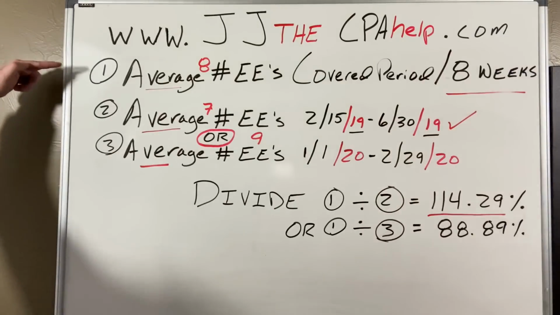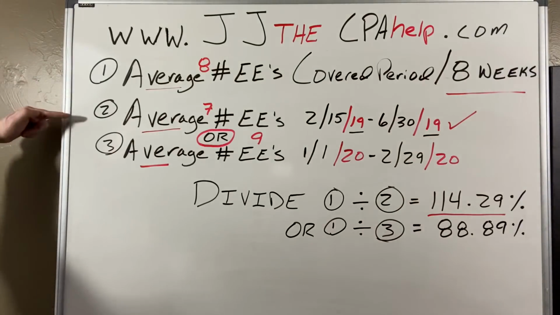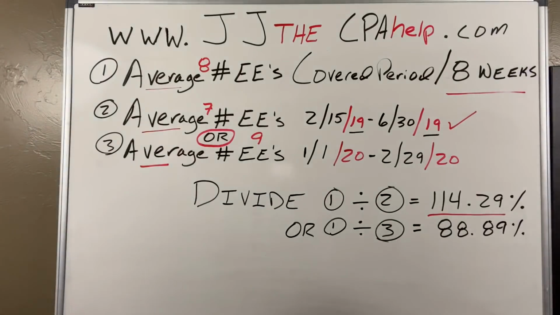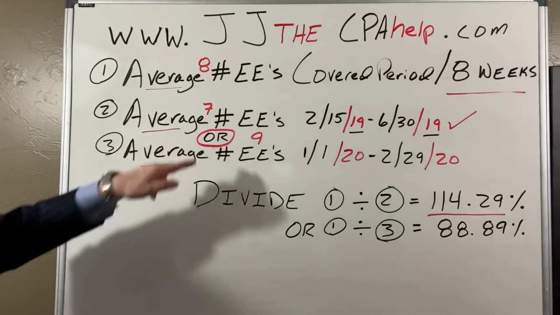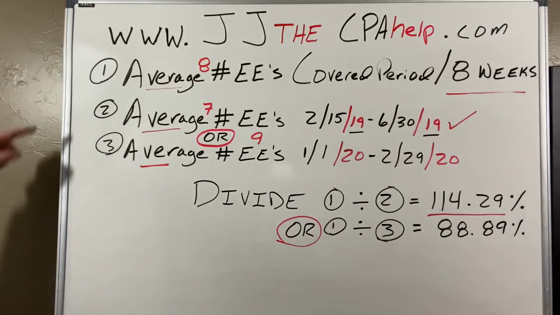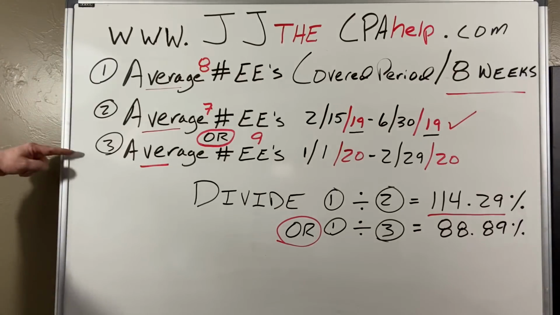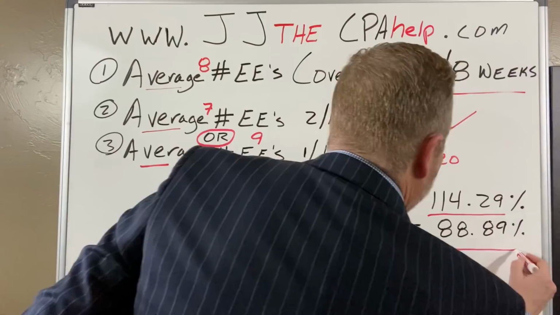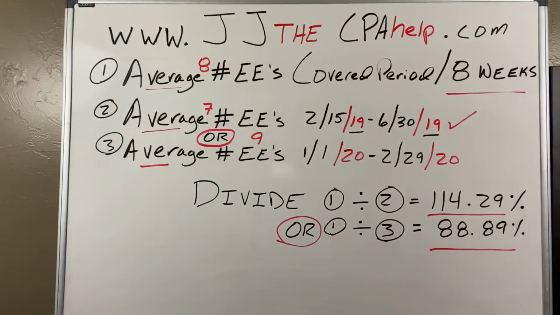I'm saying the first line item divided by the second line item, 8 divided by 7 is 114.29%. Or you take 1 divided by 3, and that's 88.89%.